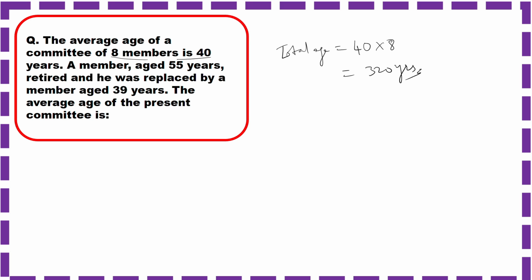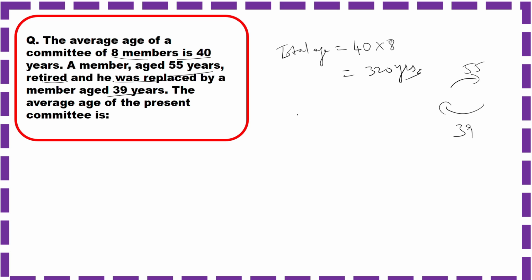Now what happened? A member aged 55 years retired and he was replaced by a member aged 39 years. So 55 years is out, 39 years is in, right?